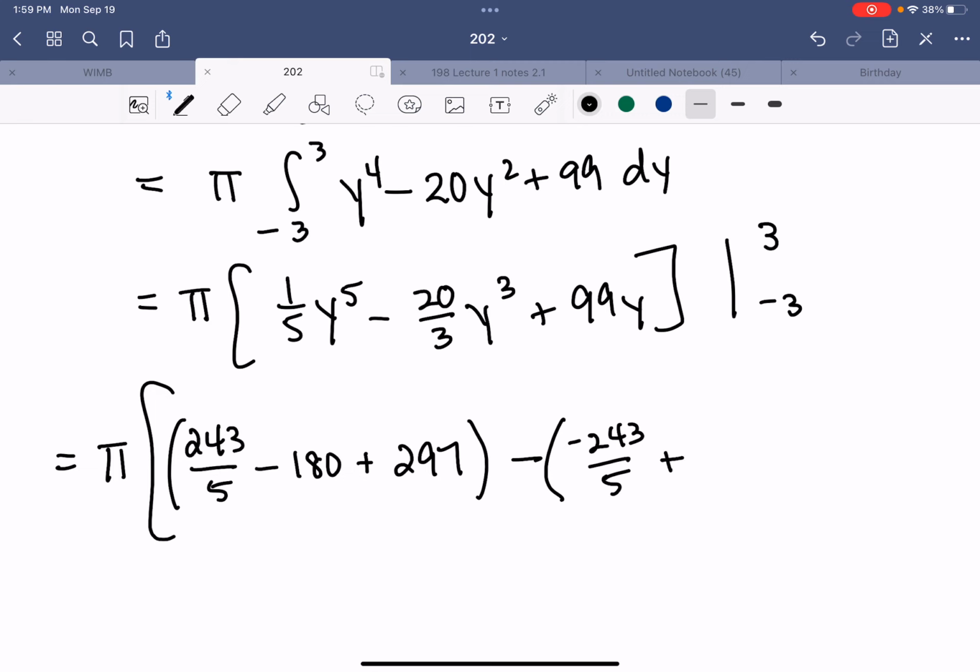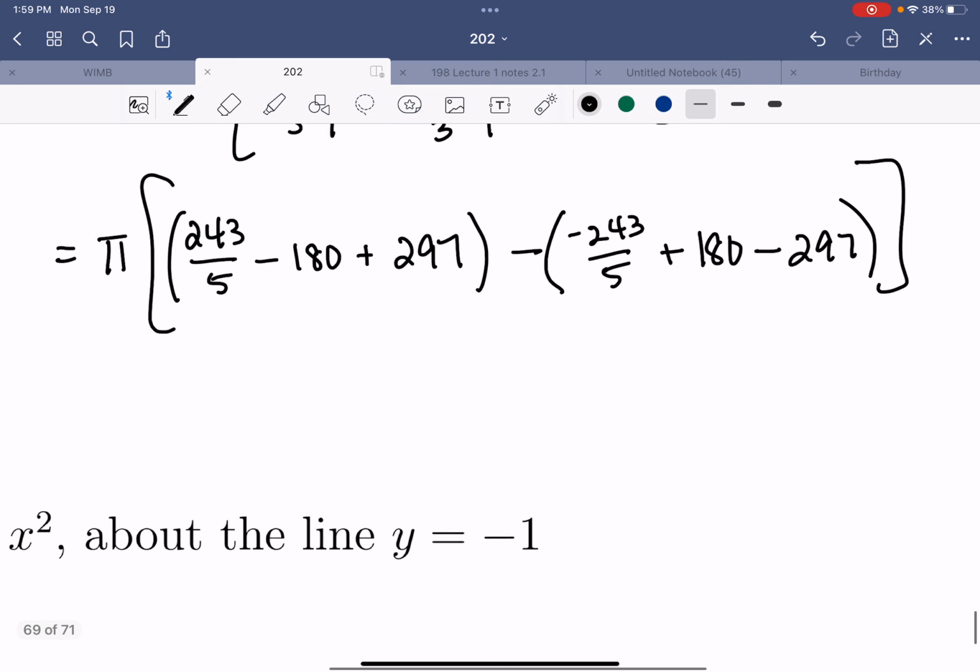Plus, hold on a second. Yep, that should be right. When we plug in -3, that's -27 over 3, which is -9, which makes it plus 180. And then we've got -297. What that does, I believe, is just give us 2 areas, so I get 2 of those. 243 over 5 minus 180 plus 297 happens to be 238.5.